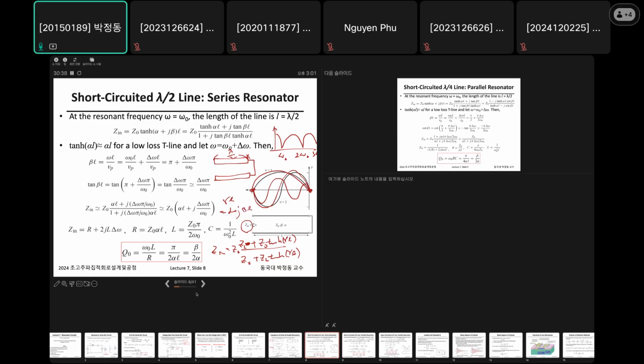So in this case, beta is 2 pi over lambda, and L is lambda over 2, so beta L becomes pi. When beta L is pi, what happens? The tangent hyperbolic term becomes 0.